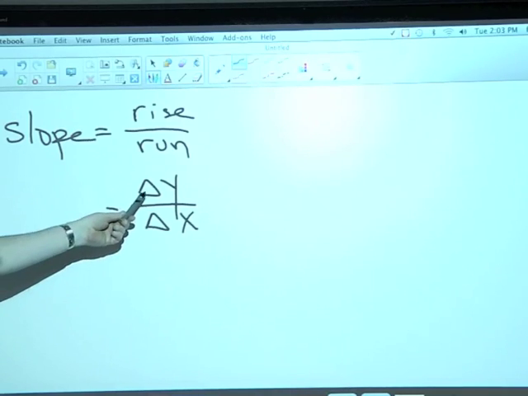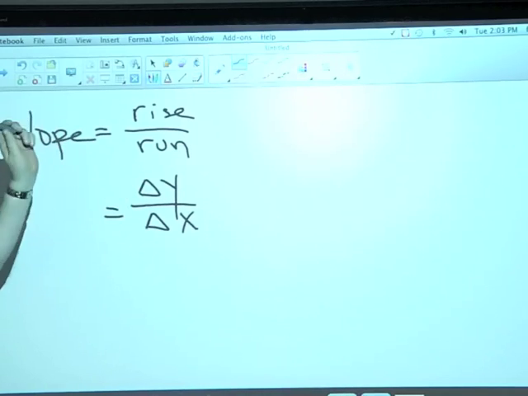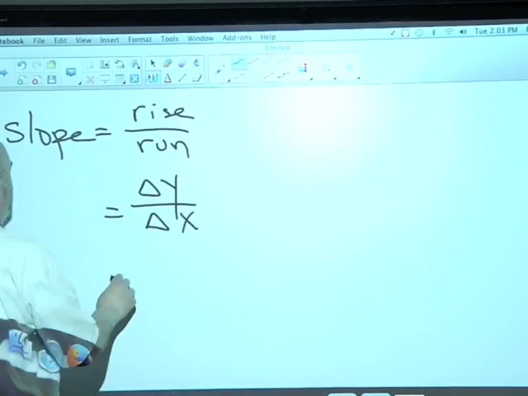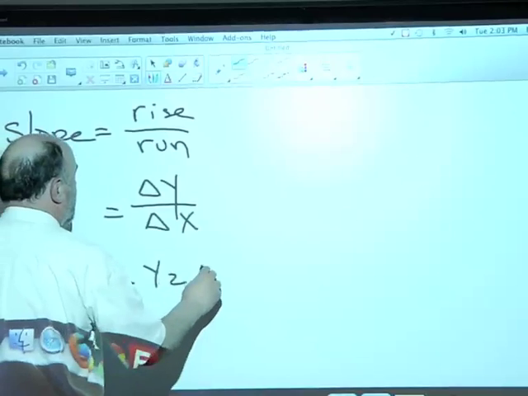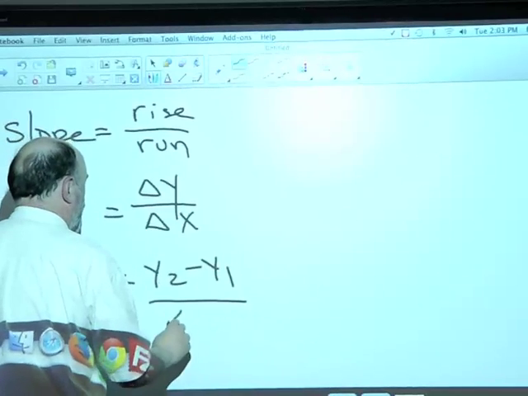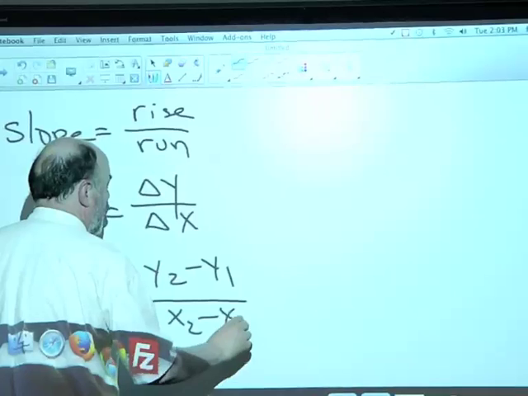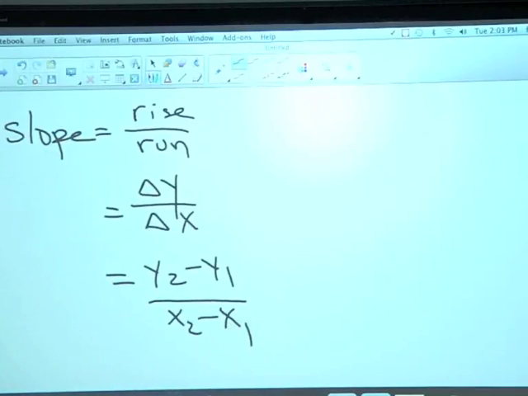So what does this symbol mean in terms of math? Change in, right? So in terms of the equation, this means y2 minus y1 over x2 minus x1. And that's the same thing we saw last week in terms of finding rate of change.